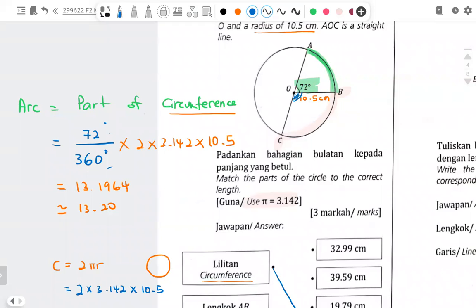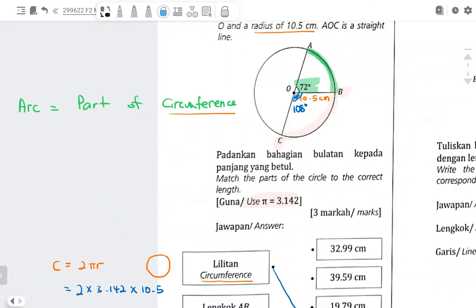Yes, Joe, what's your answer? Supplementary angle means 180 minus 72 because it's a straight line. Okay, 108. So now how to find the length of BC?